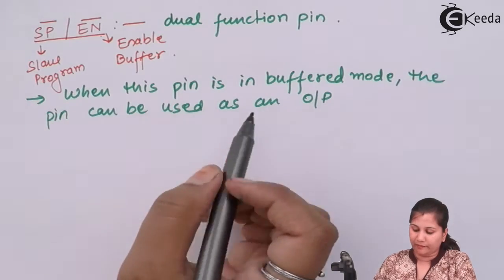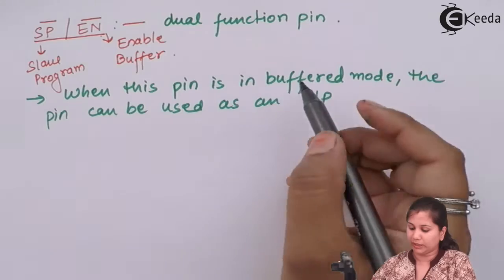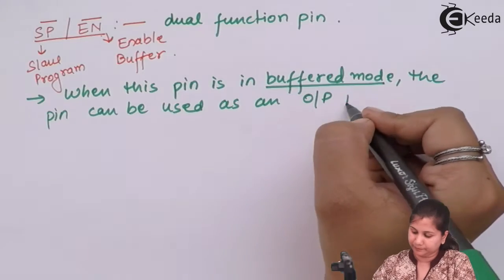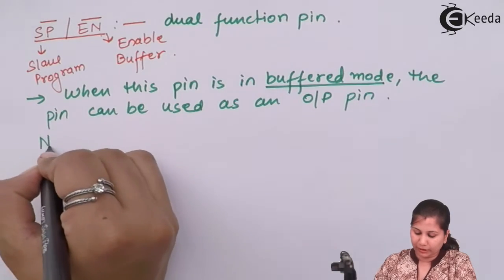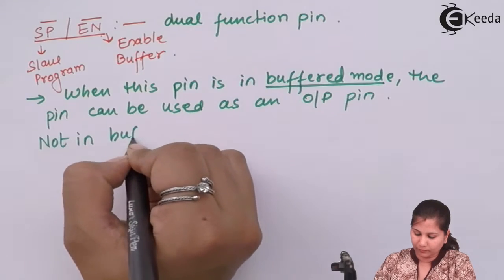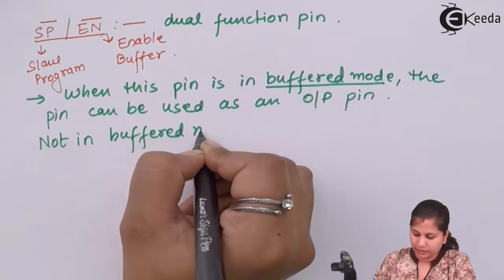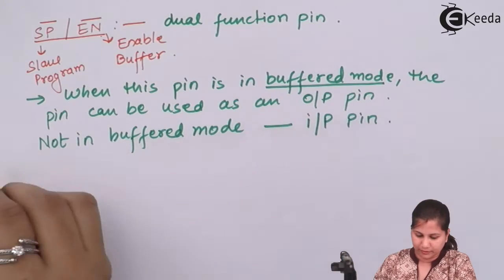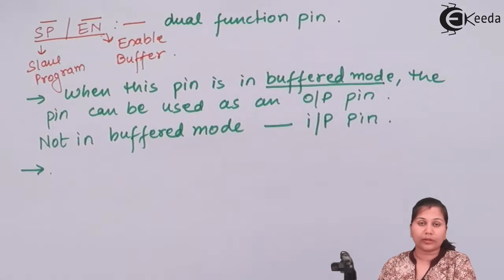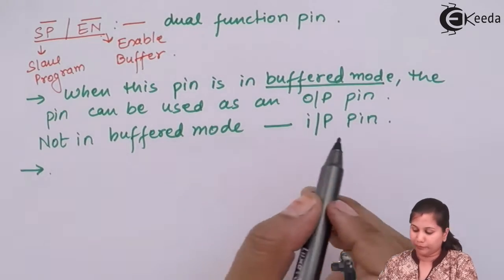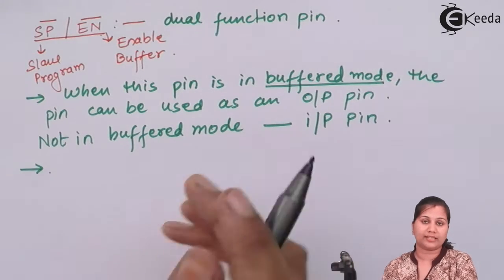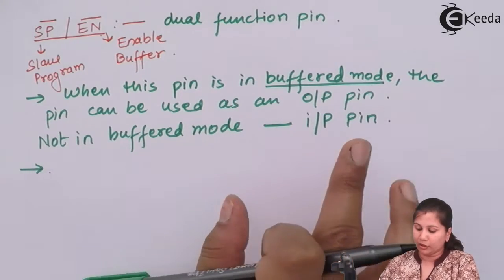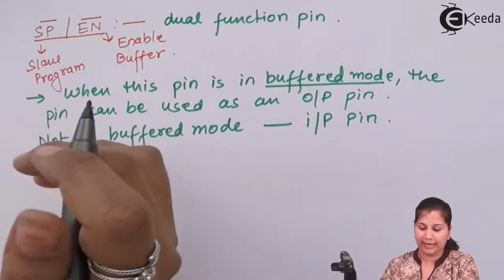When the 8259 is working in the buffered mode, this pin is used as an output pin, and when it is not in buffered mode, then this pin is used as an input pin.